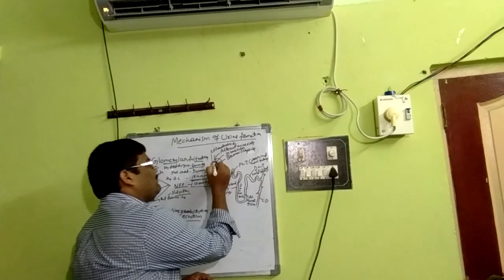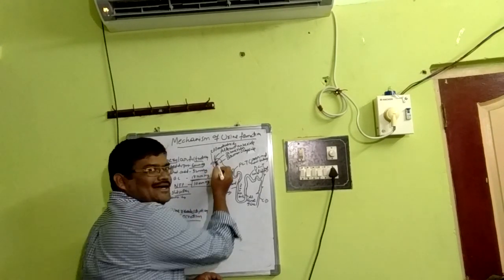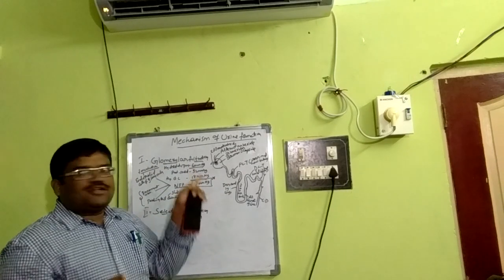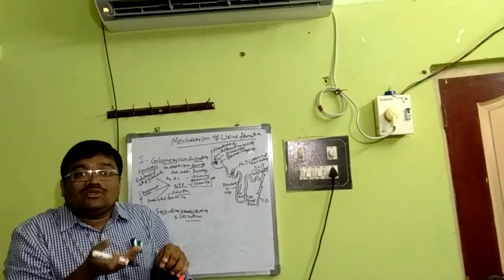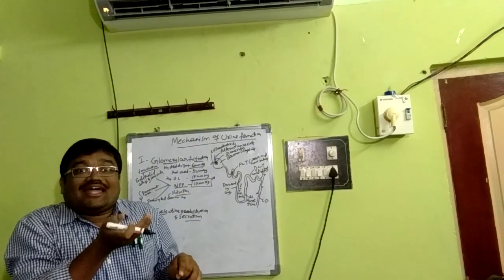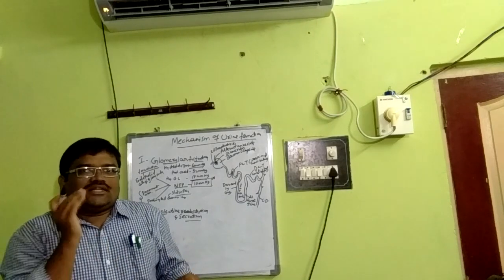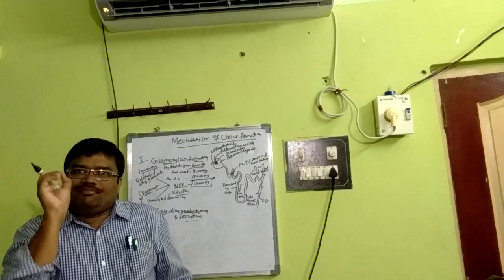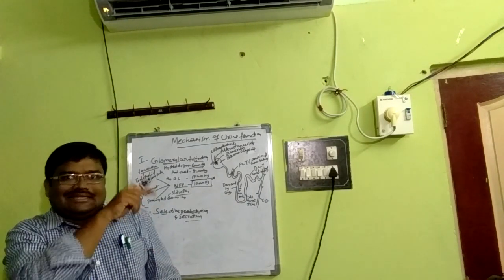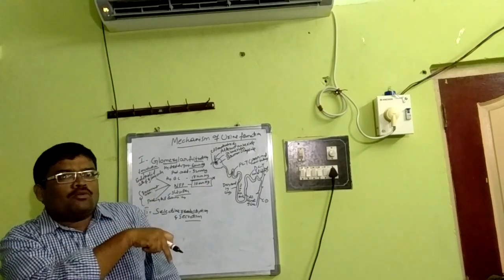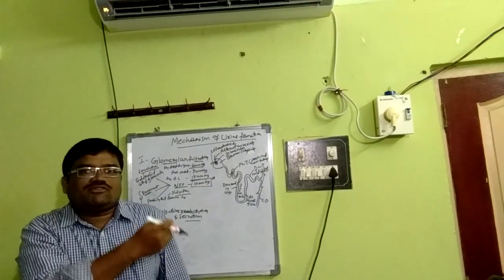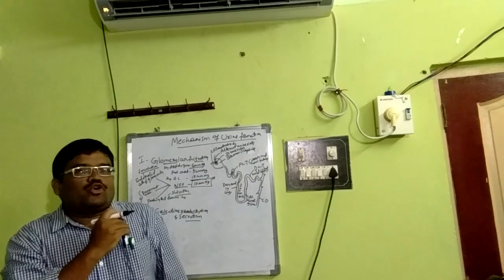When the blood passes through this glomerular network, it exerts this pressure and is subjected to three kinds of filtration membrane: the endothelial cells of the blood capillaries, that means the glomerulus, the basement membrane, and the podocytes.